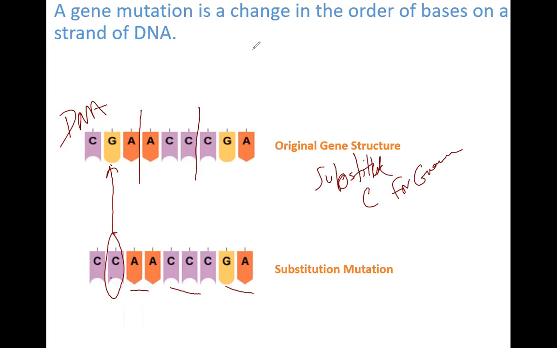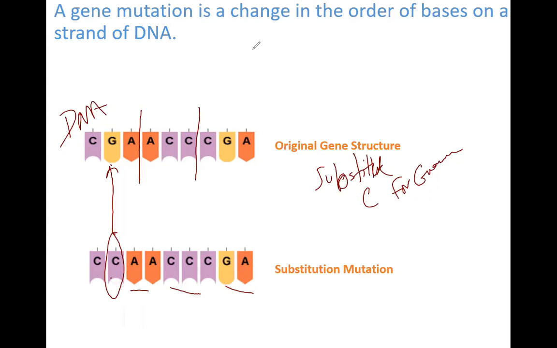Now, does that make a mistake? Does it make a difference? Maybe, maybe not. Maybe CCA codes for the same amino acid that CGA does, or maybe it doesn't. Maybe it codes for what we still call junk protein. What'll happen is that it won't code. If we have the wrong base sequence, it won't code.